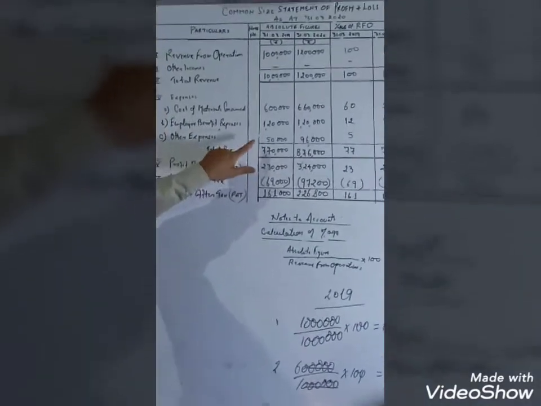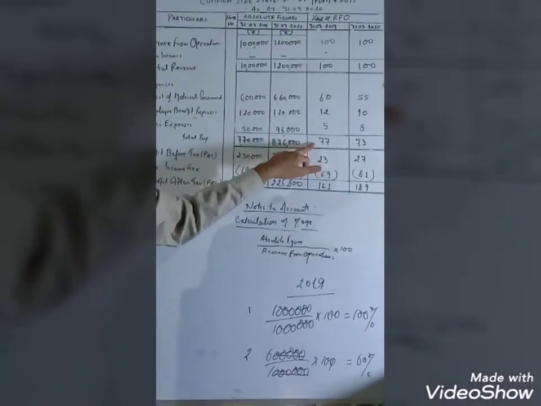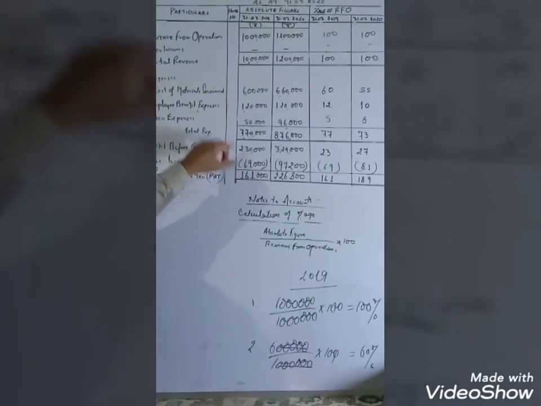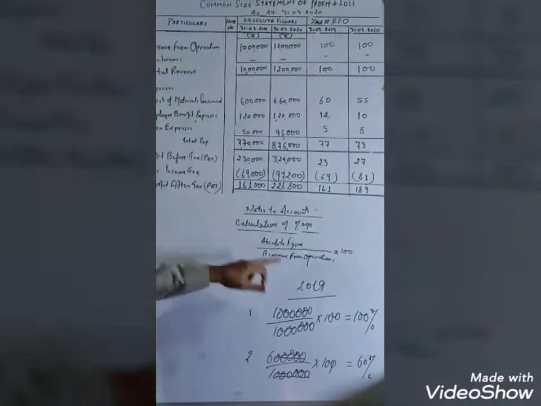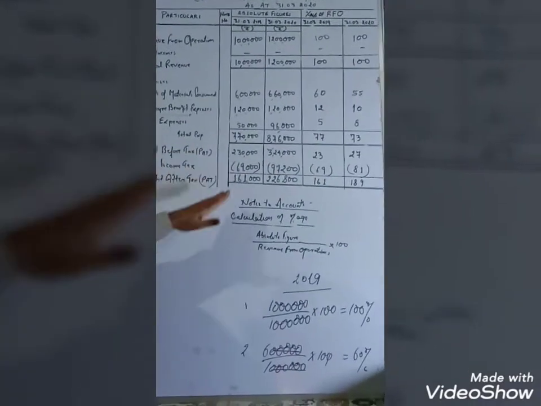Now for the total expenses, 7,70,000 divided by 10 lakh, it is 77%. Profit before tax, 2,30,000 divided by 10 lakh multiplied by 100, we will get 23%. We have to deduct income tax.